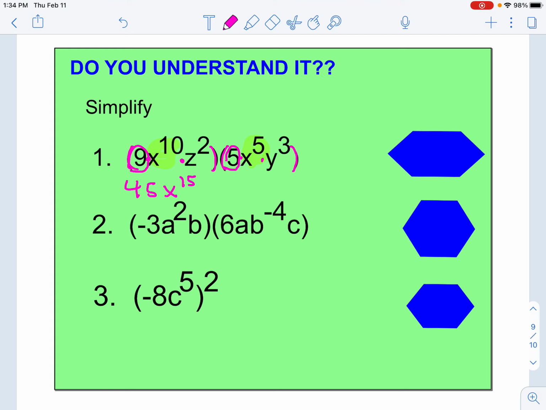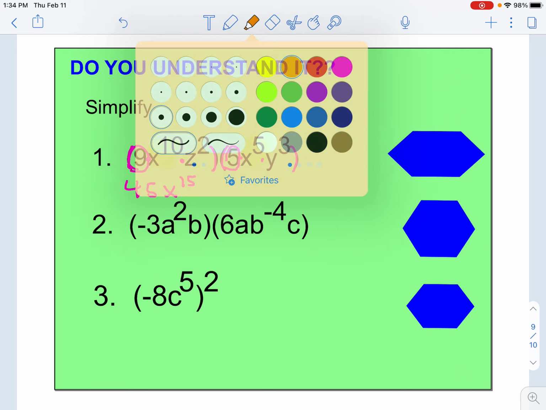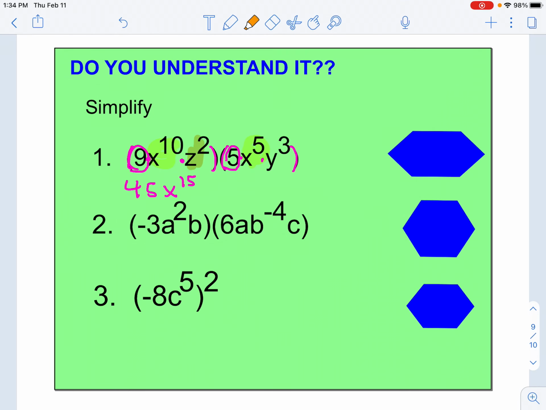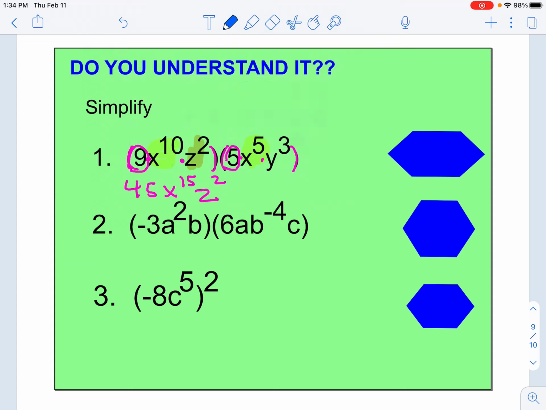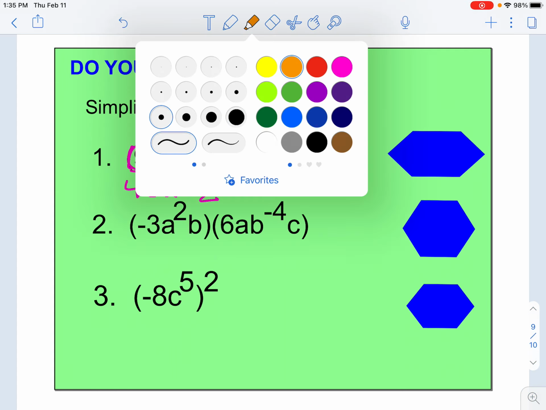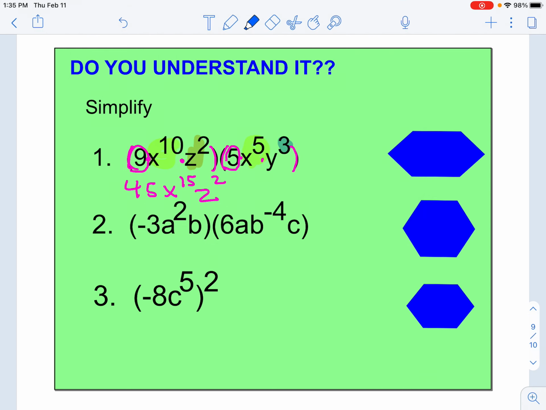And then we have z to the 2nd, there's nothing to multiply that with, so that would just be z to the 2nd. And y to the 3rd, that's the same, so that would just be y to the 3rd. So that would be our final answer.